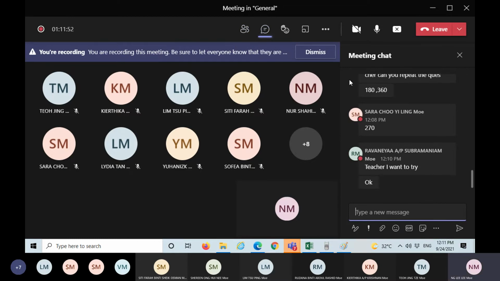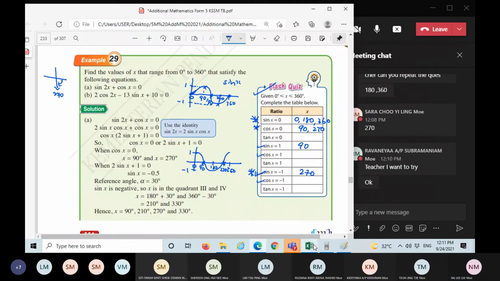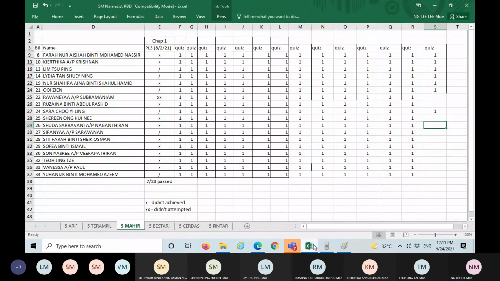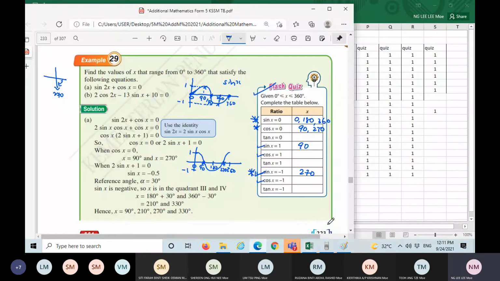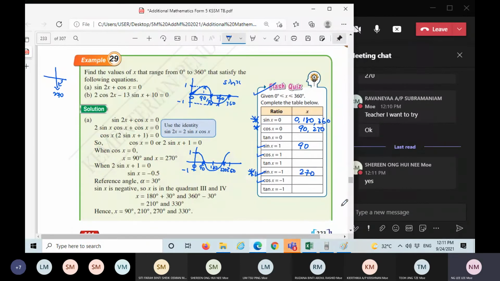Serene here? Okay, next is Sirania. Okay, Serene, you do cos x equals 1. Sirania, you do cos x equals -1. Serene, yours got 2 answers. Sirania, yours got 1 answer.